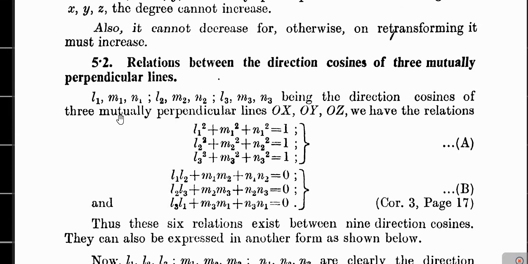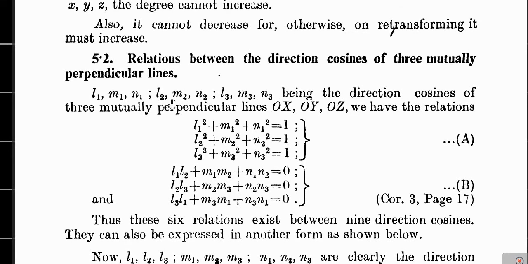Let L1 M1 N1, L2 M2 N2 and L3 M3 N3 be the direction cosines of three mutually perpendicular lines OX, OY, OZ. Then we have the relations as follows. L1 M1 N1 are the direction cosines of the line OX. Therefore we have the result that the sum of the squares of direction cosines of any line is always equal to 1.